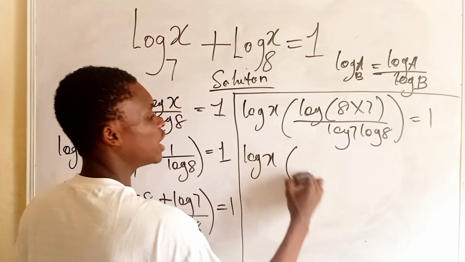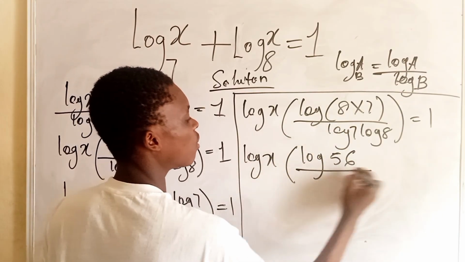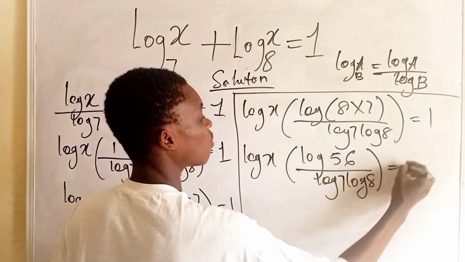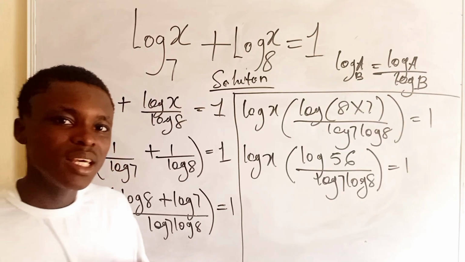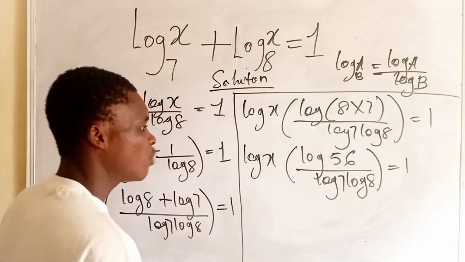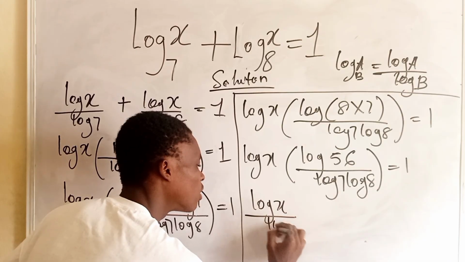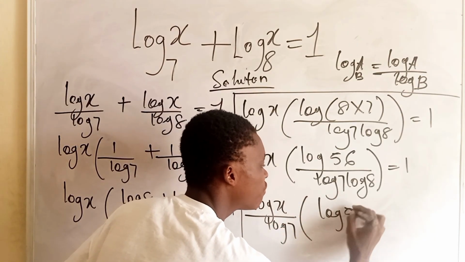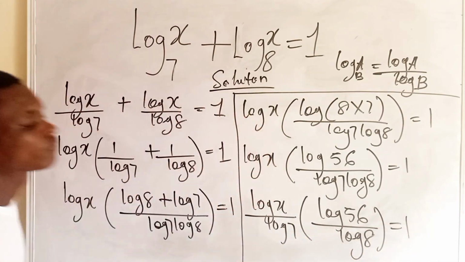Log x into bracket log 7 times 8 gives us 56, all over log 7 log 8, equals 1. So the next thing we need to do from here is to bring this out. If we bring this out, we'll have log x all over log 7 into bracket log 56 all over log 8 equals 1.